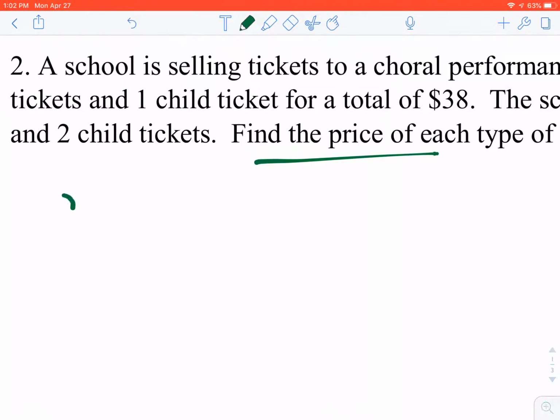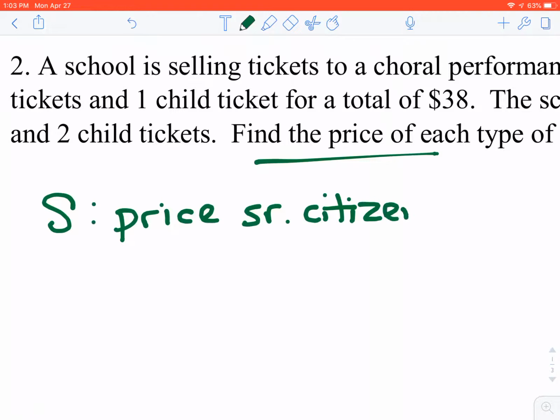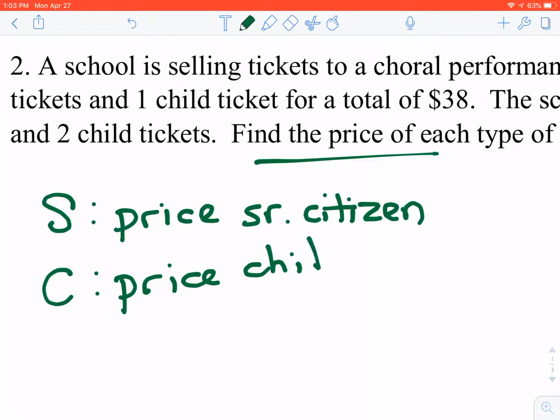So I'm going to use S for the price of a senior citizen ticket, even though I don't really like the letter S, because sometimes it looks like a 5, but I'm going to do it anyway. And C for the price of a child ticket.